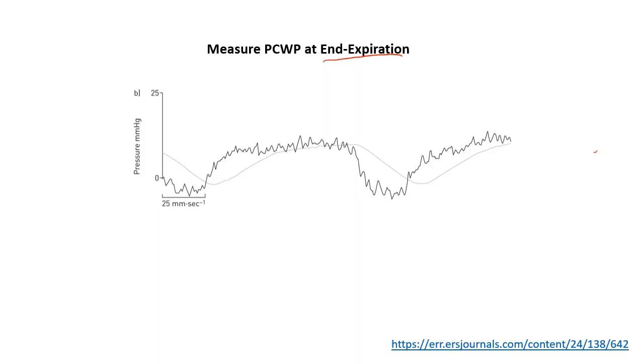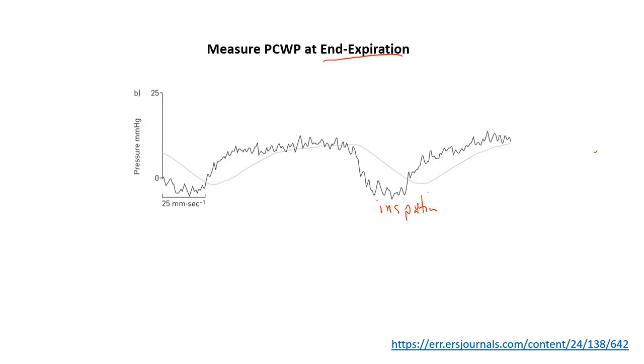we're always going to measure our wedge pressure at end expiration. If we imagine someone who's spontaneously breathing, they inhale, there's a negative pressure in the chest. So the pressure in inhalation when someone's spontaneously breathing is going to be the lowest during inspiration. Let's say this guy is spontaneously breathing. This has to be our inspiration because it's a negative pressure.